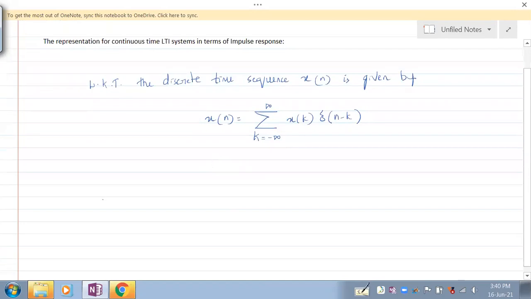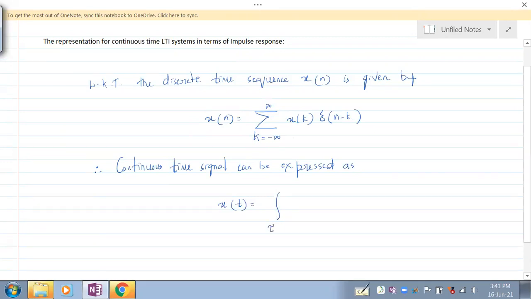Therefore, a continuous time signal can be expressed as follows. Wherever n is there, that needs to be replaced by t, and wherever summation is there, let's replace that by integral. And k here, let's take as tau ranging from minus infinity to plus infinity, x of tau into delta of tau minus t d tau.